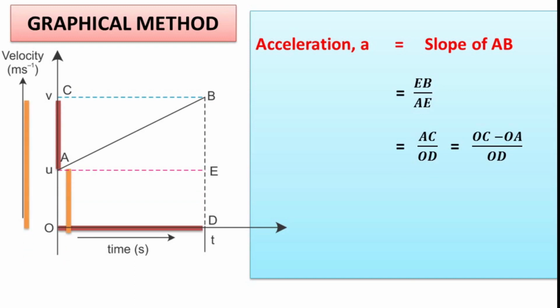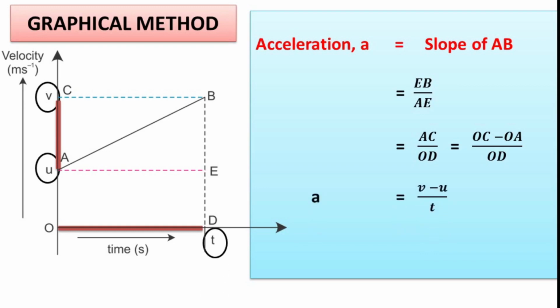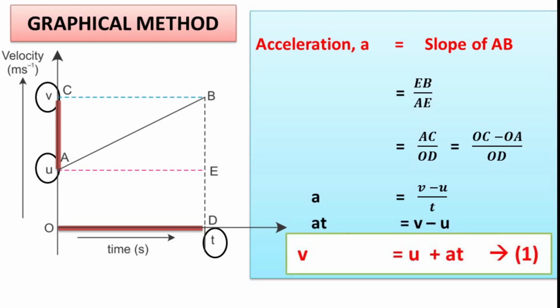Please look in the graph, which is equal to (v minus u) divided by t, because OC minus OA is equal to v minus u and OD is equal to t. So acceleration a is equal to (v minus u) divided by t, or at = v minus u, or v = u + at. So this equation is called the first equation of motion.